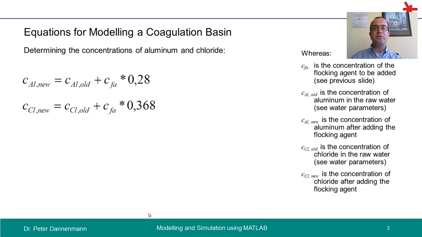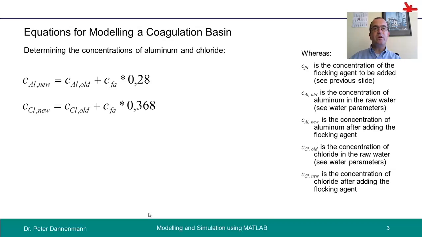The molar mass of this agent, polyaluminium chloride, is 1157.6 grams per mole. Considering the molar mass of aluminium, which is 26.98 grams per mole, the fraction of aluminium in the whole molecule is 28%.